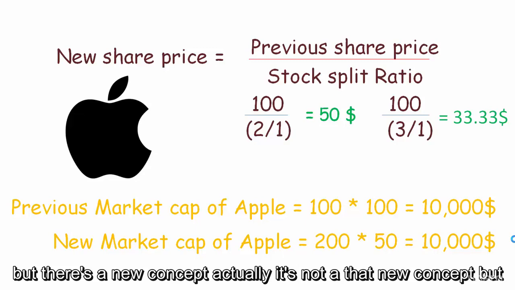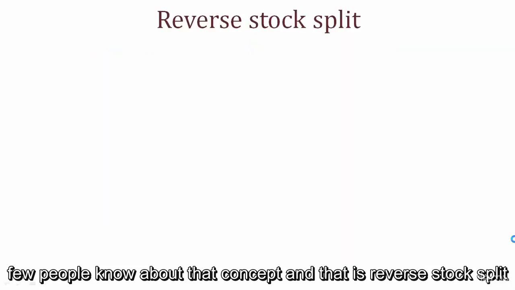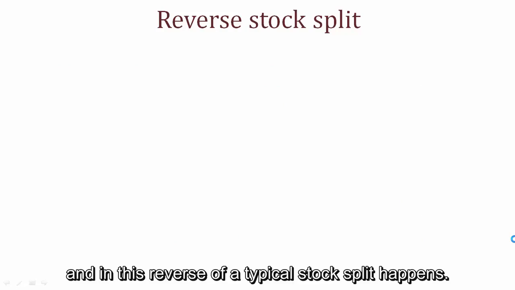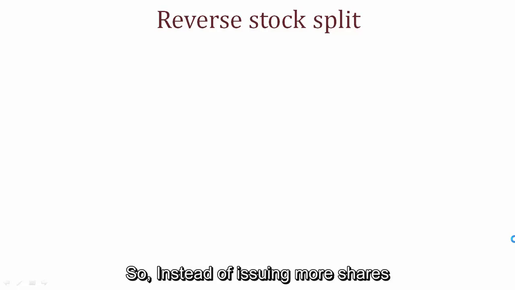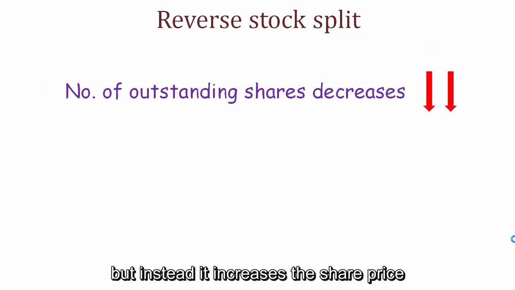But there's another concept. Actually, it's not that new a concept, but few people know about it, and that is the reverse stock split. Let me tell you about that. As there's a stock split, there's also a reverse stock split, in which the reverse of a typical stock split happens. Instead of issuing more shares, the company reduces the outstanding number of shares, but increases the share price.